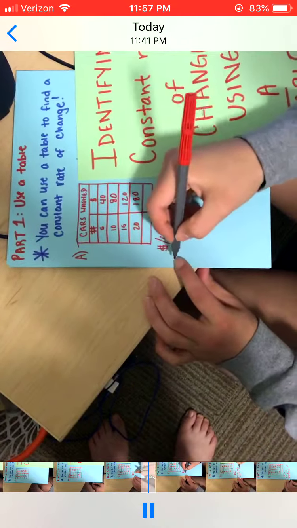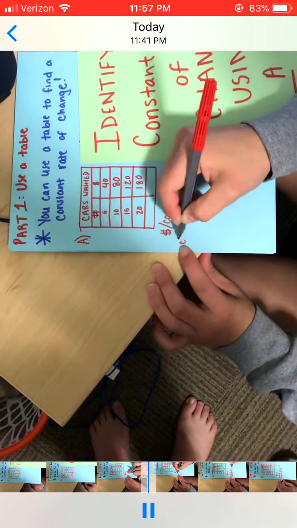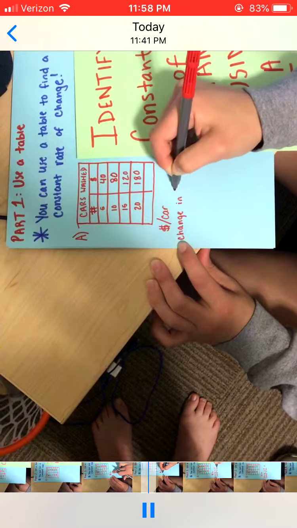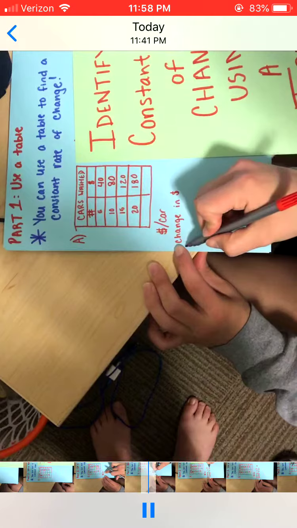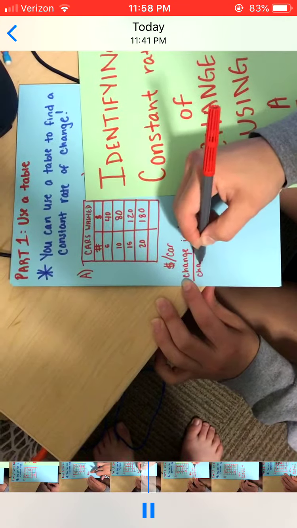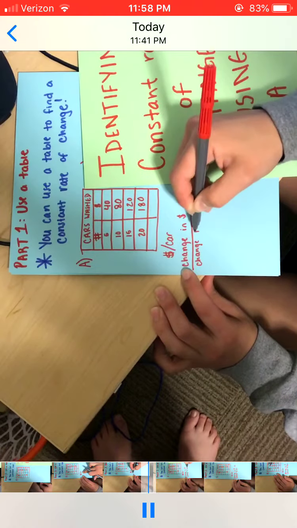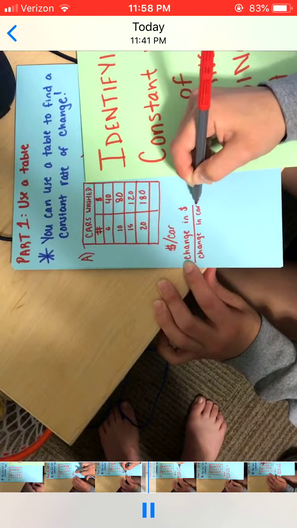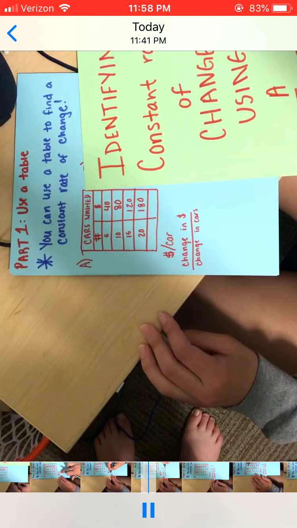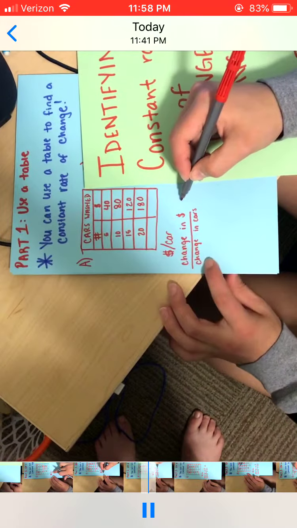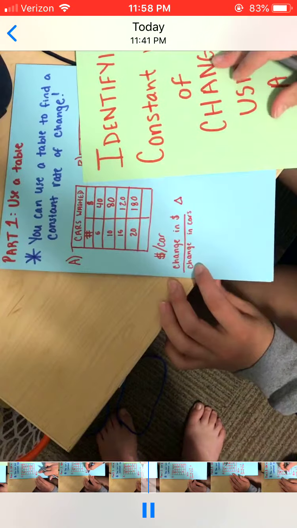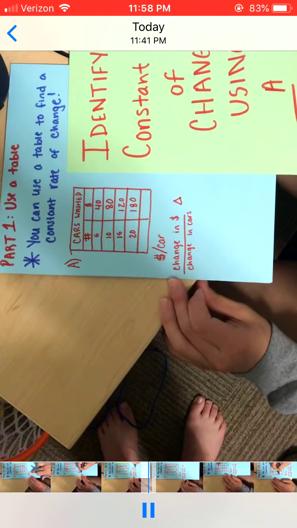So another way to write this is change in dollars over change in cars. If you want to save yourself some writing, the mathematical symbol for change is a triangle. That's just a little shortcut for you though.